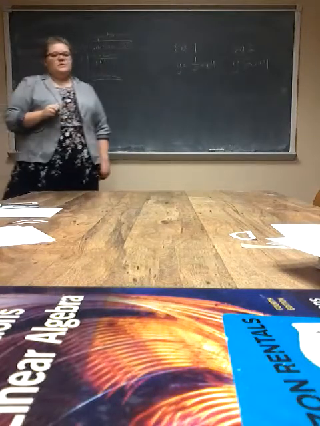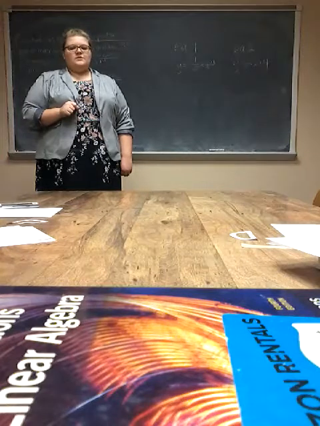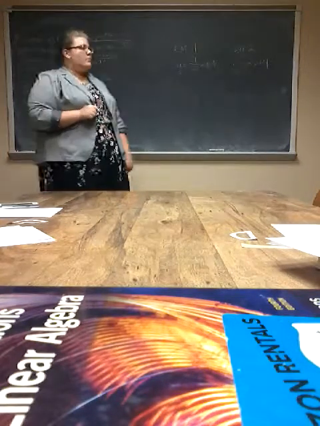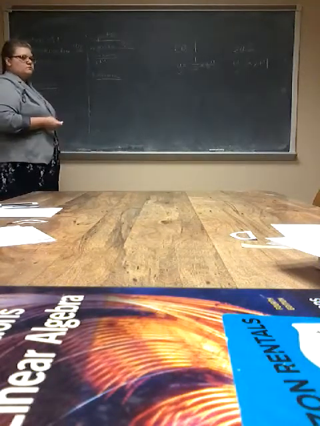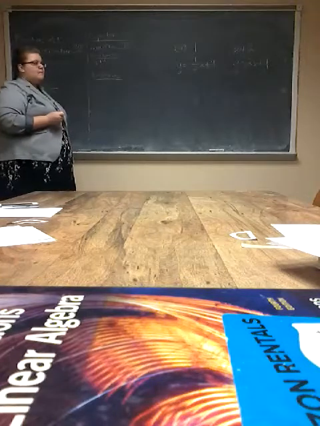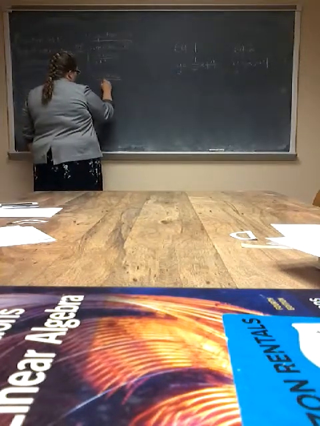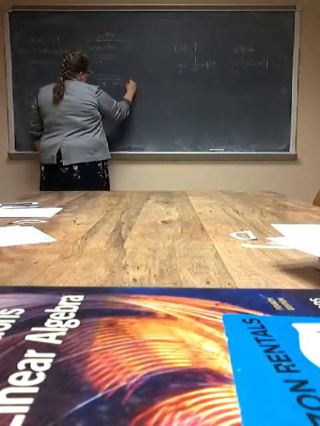Any other similarities? How about differences? Slopes are different again. In what way? One's the negative of the other and flipped. So the opposite signs again for our slopes, and then we have the reciprocal slopes.